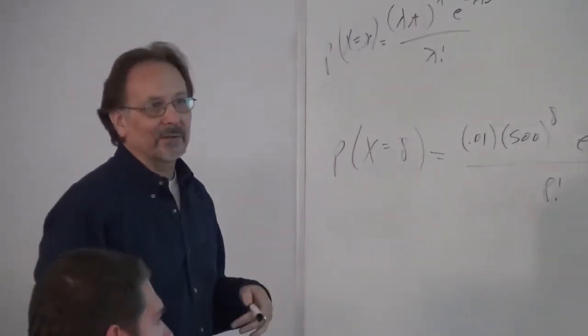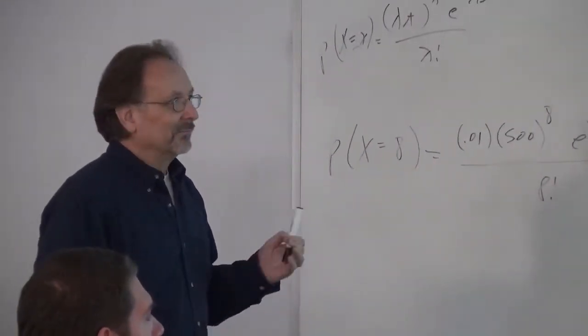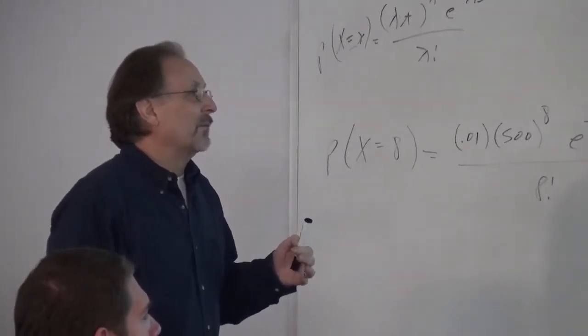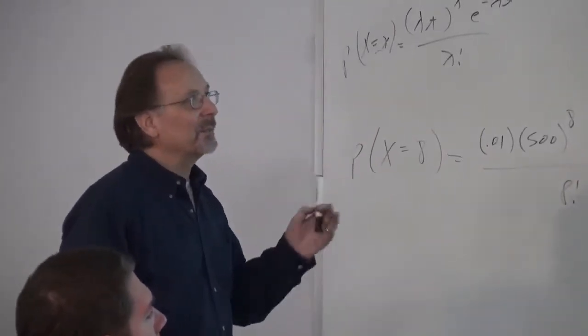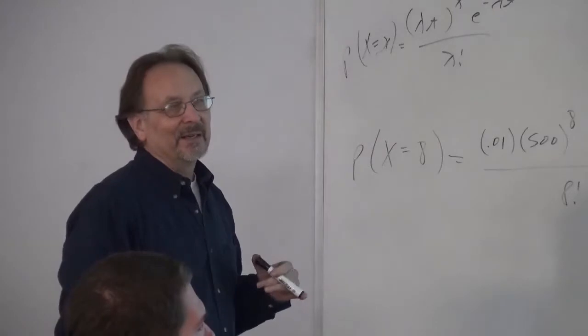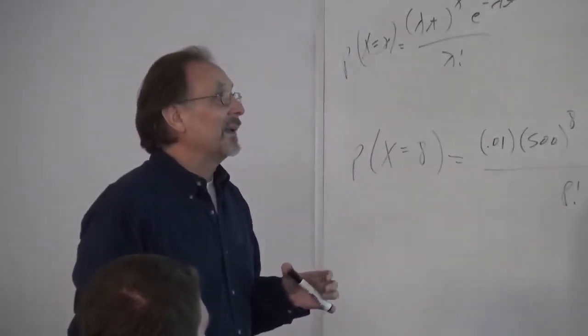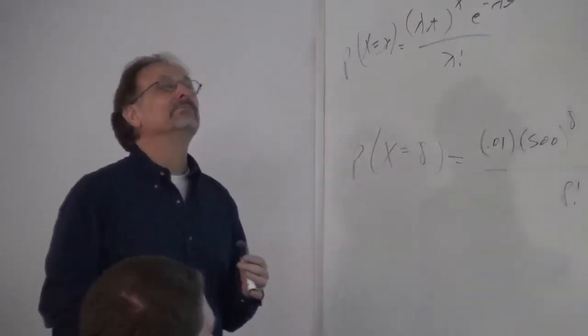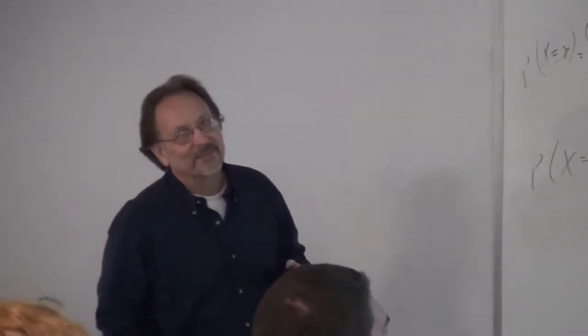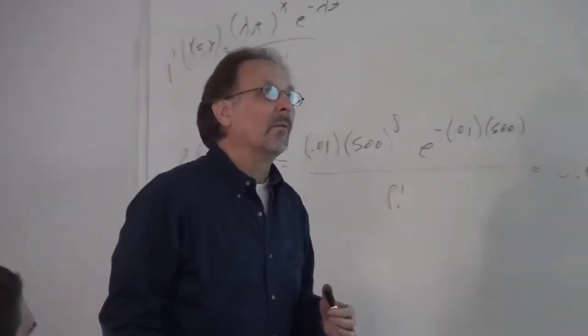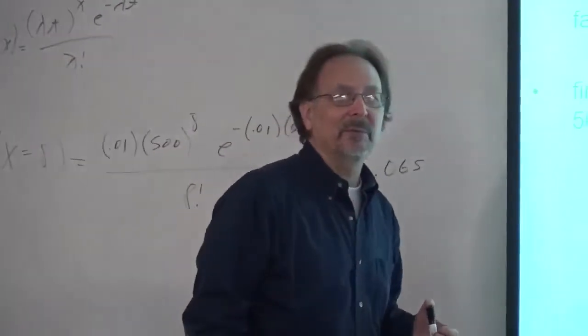Whether they're errors or failures or arrivals, because like I said, this can be used to model arrivals too, the number of arrivals. And that's actually a very good intuitive way to think about this. Okay? I sit and I watch the number of people that come through the door in a supermarket.